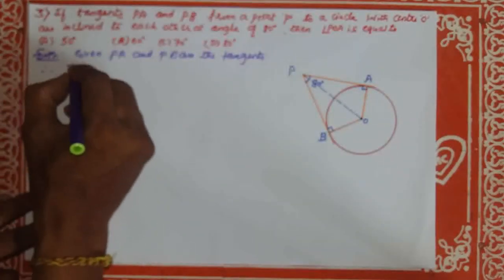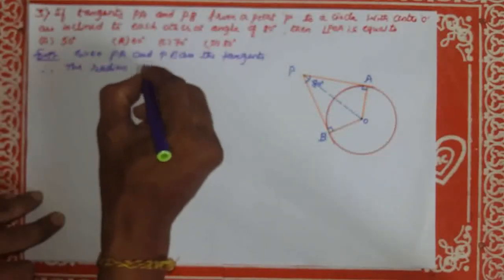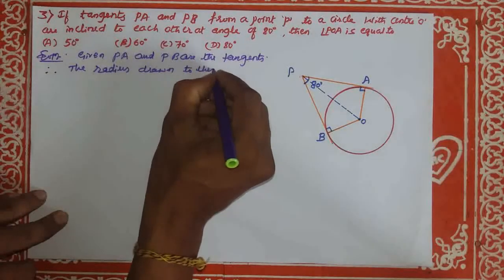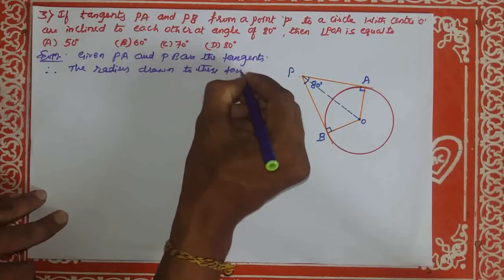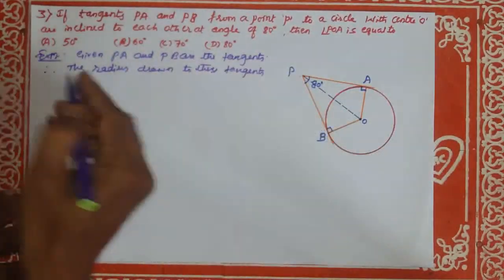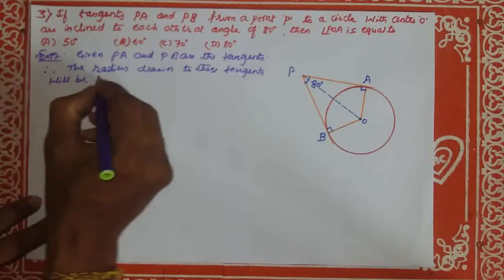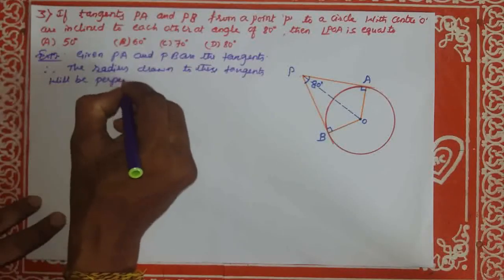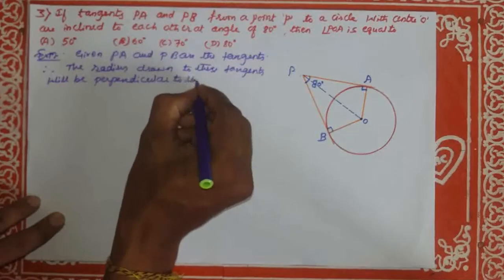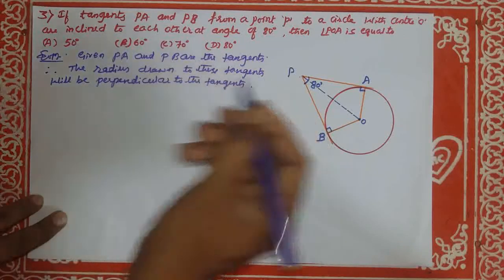The radii drawn to these tangents, that is PA and PB, will be perpendicular to the tangents.